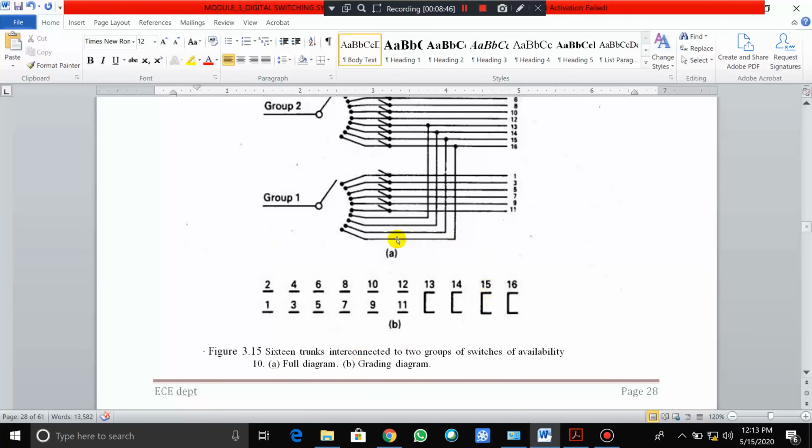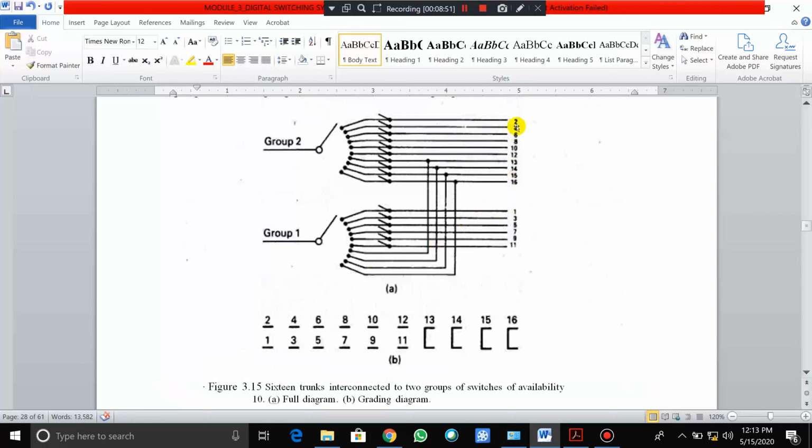So here you can see 1 and 2 is as it is, 3 and 4 is as it is, 5 and 6 is as it is, 7 and 8 is as it is, 9 and 10 is as it is, 11 and 12 is as it is. But you can see 13 and 14 are represented like this.